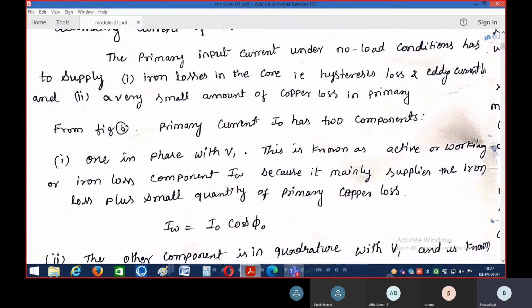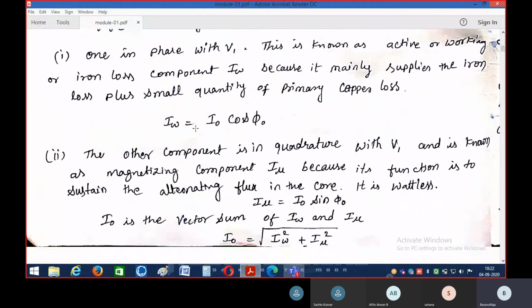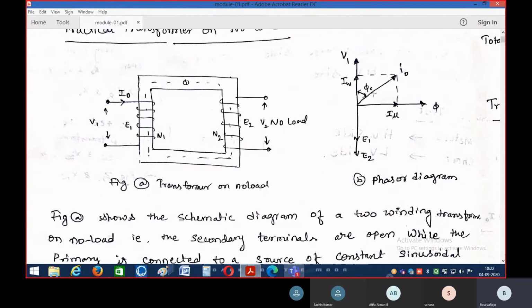In a similar manner, if you write an equation for I mu, what do we get? This I mu is equal to I naught into sin phi naught. This is the same vector length. If you take sin phi naught, the opposite side is I mu, divided by the hypotenuse, which is I naught.